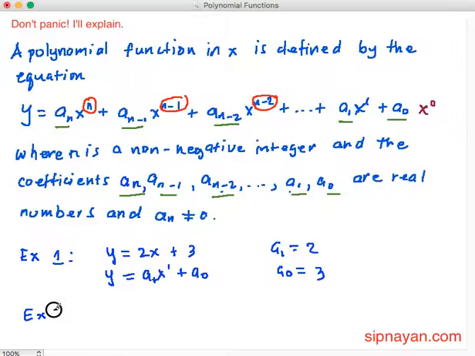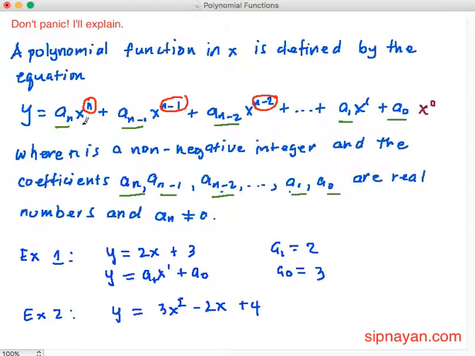If we have a quadratic function like y equals 3x squared minus 2x plus 4, kunwari. Okay? So, ano naman ang equation natin dito? Ano ang highest exponent natin?